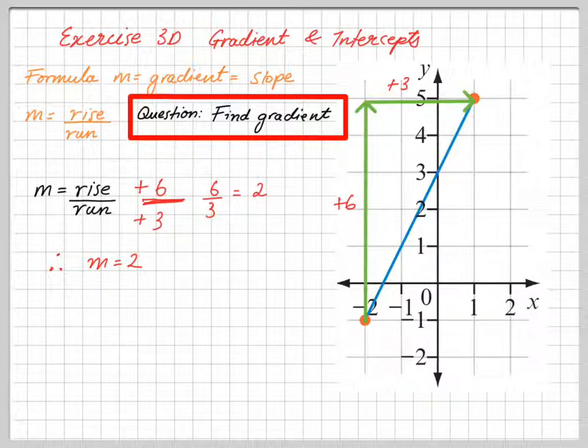Now if I delete this, we can also pick a different rise and run. I can see that there are perfect intersections of coordinates here and here. Also here and here.